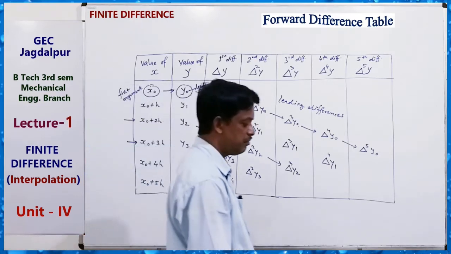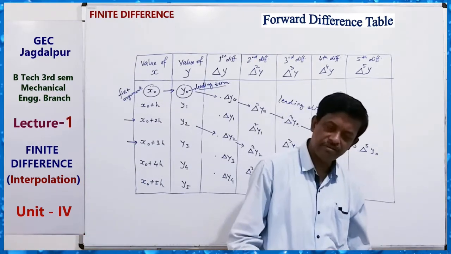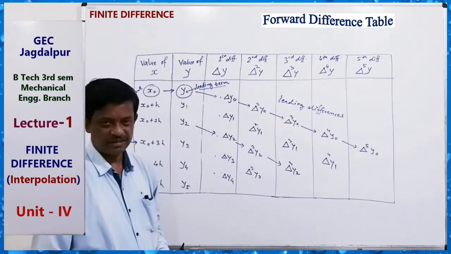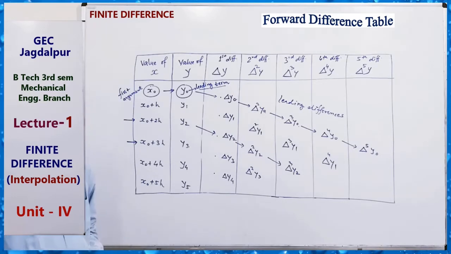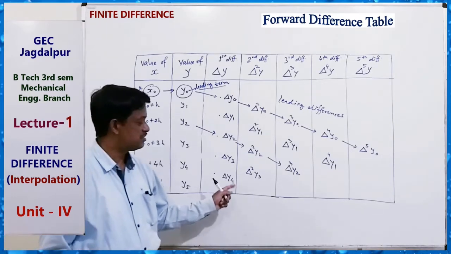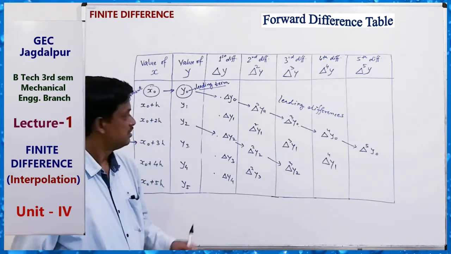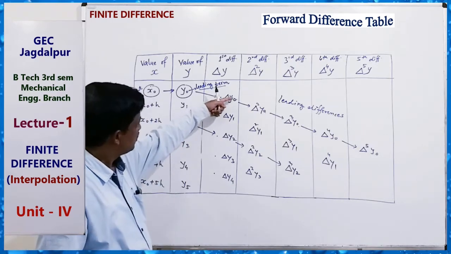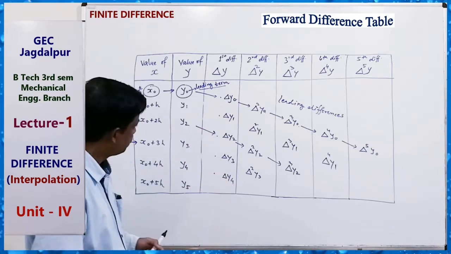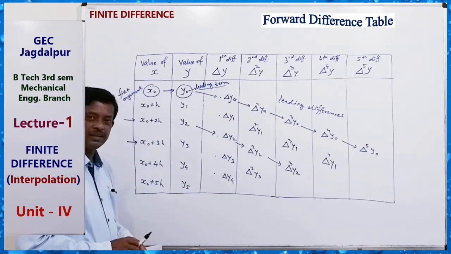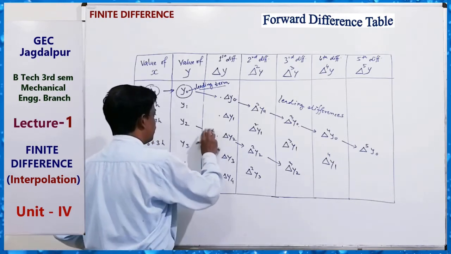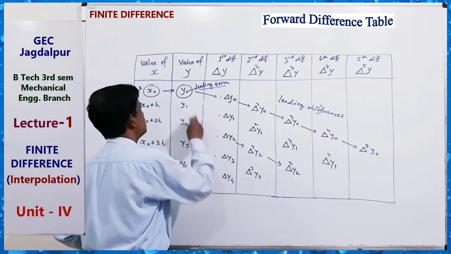Same table for backward difference and central difference. All are the same but the notations and argument notations are different. Here we see 0, 1, 2, 3, 4. Whenever we use it, just try to understand for backward difference. This is forward.